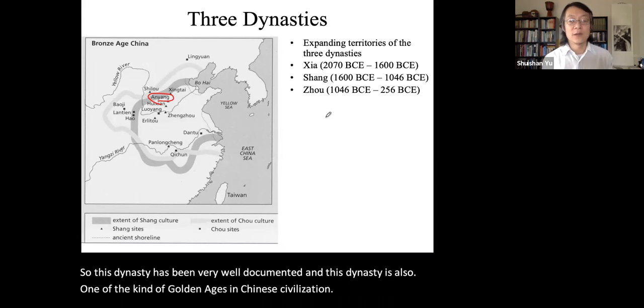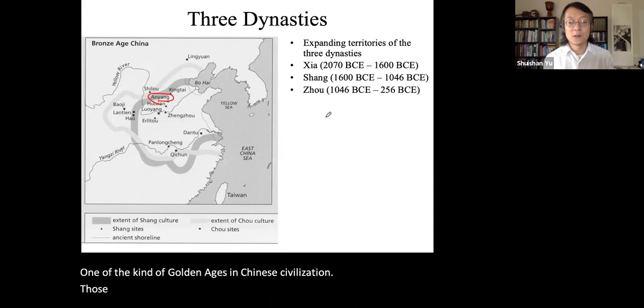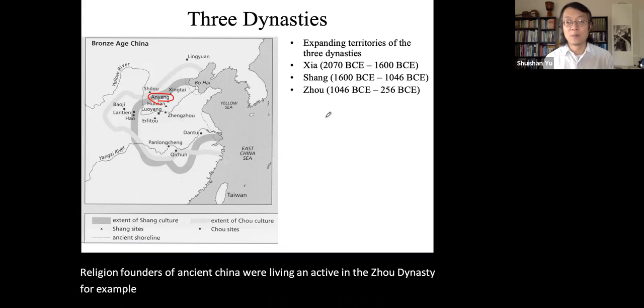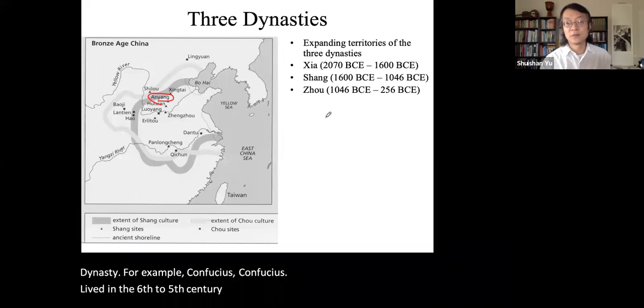You know, those great philosophers, religion founders of ancient China were living and active in the Zhou dynasty. For example, Confucius. Confucius lived in the 6th to 5th century BCE, in the middle part of the Zhou dynasty.